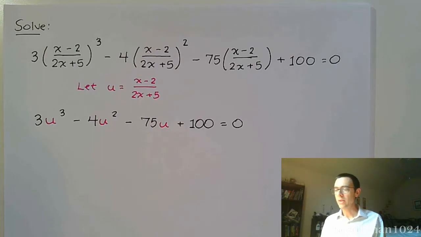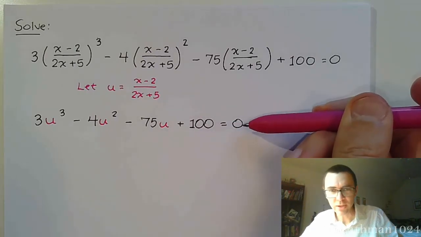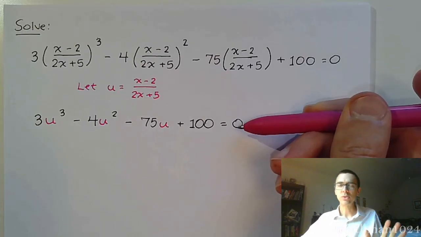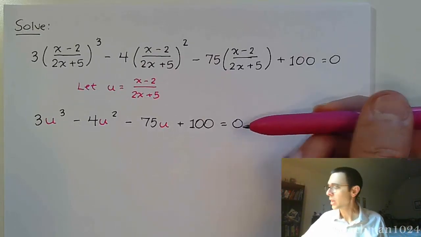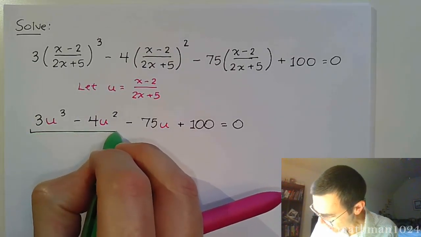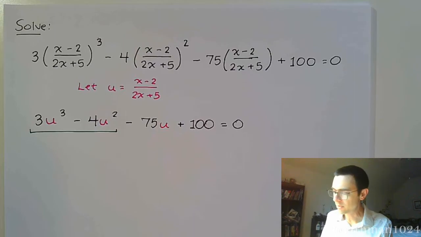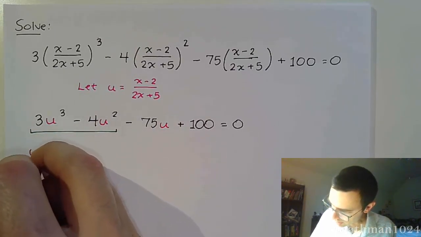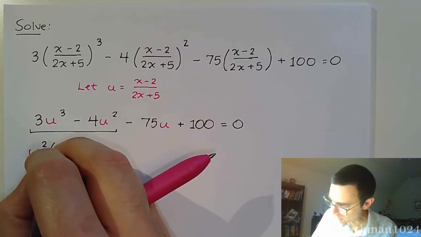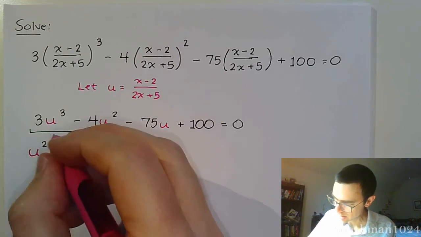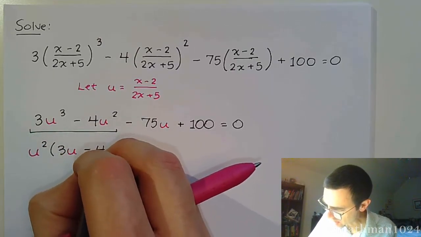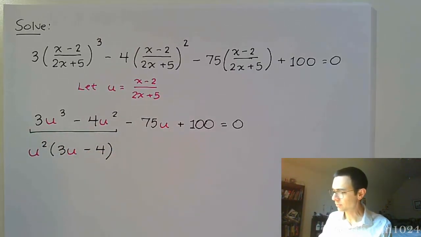All right, now that we have it looking like this, I hope it's easy for you guys to see what we should do. Again, the answer for most of this is going to be factor, right? So if we look here, in this first group, we have a common factor of u squared. So factor out the u squared, and we are left with 3u minus 4.